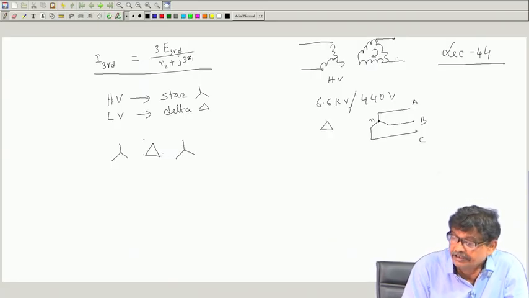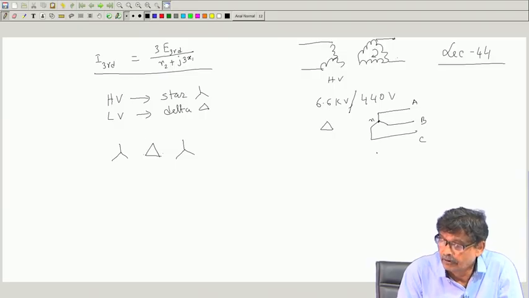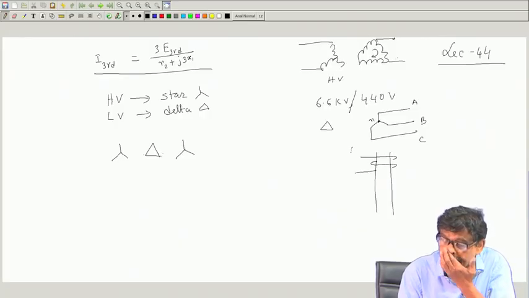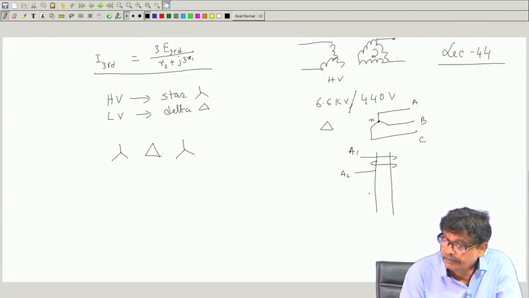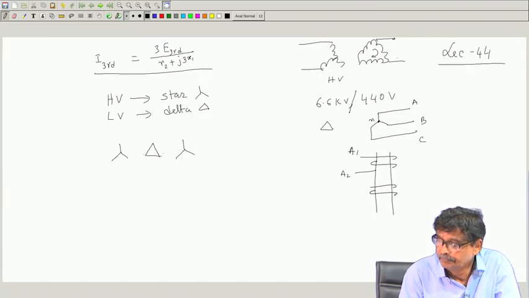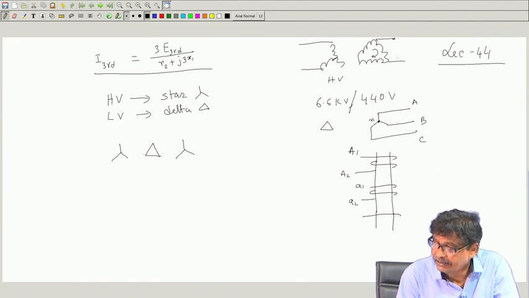Therefore, for each phase, if I draw the limb of say A phase, it will be like this: A1 A2, and then small a1 a2, and another a3 a4.